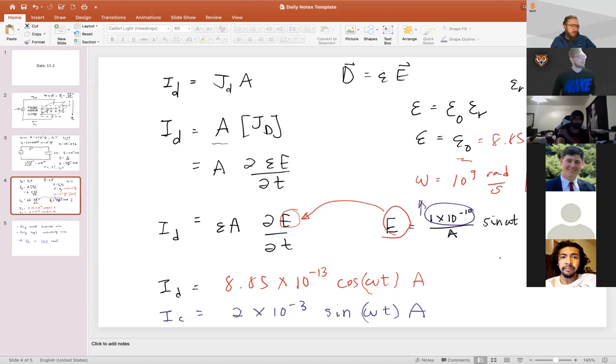Do you believe that displacement current exists? Yes. Yeah, I do too. It's just a small number, but I'm not encouraging you to get into electrical engineering conspiracy theories or anything.